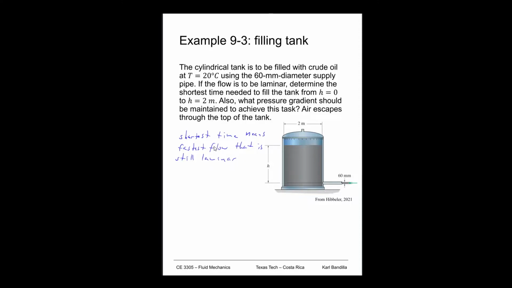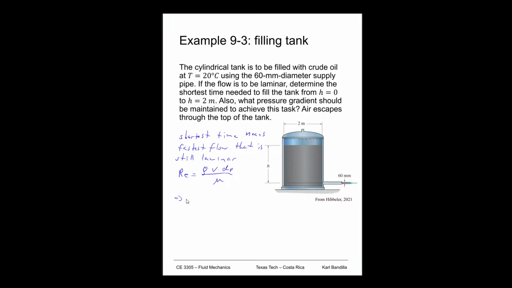Right, so we can use our flow in a pipe equations for that. But if we want to be laminar, we know what our Reynolds number has to be. Our Reynolds number in a pipe has to be less than 2,300 for it to be laminar. So we can say Re is equal to rho times V times D of the pipe, because we also have the diameter of the tank, divided by mu.